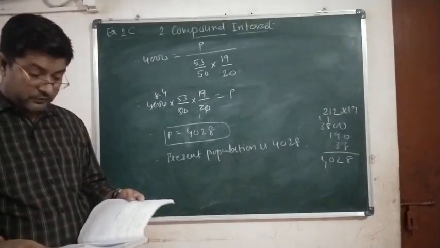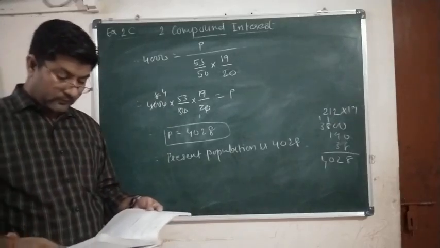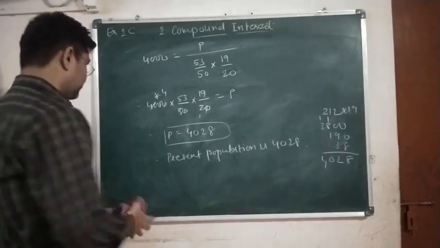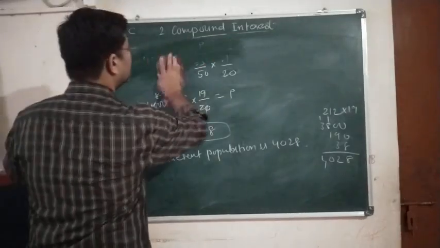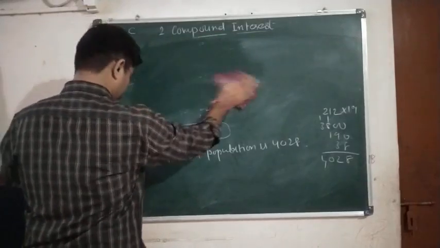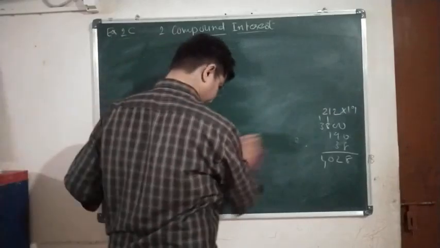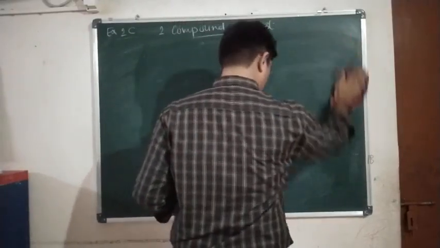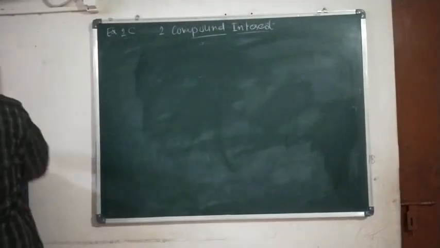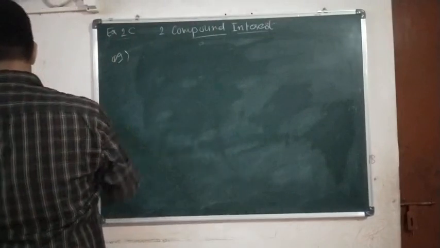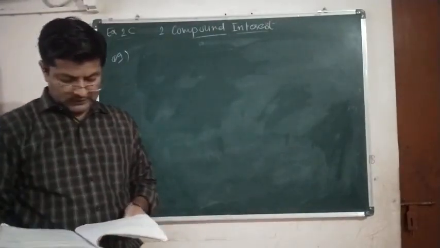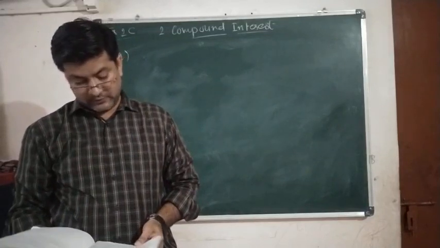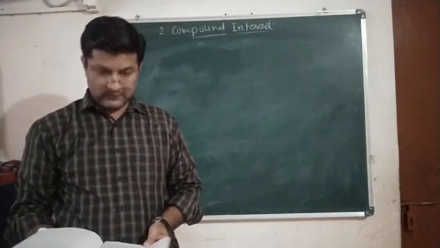Now let us solve question number 9. The count of bacteria in a culture grows by 10% during the first hour, decreases by 8% during the second hour, and again increases by 12% during the third hour.